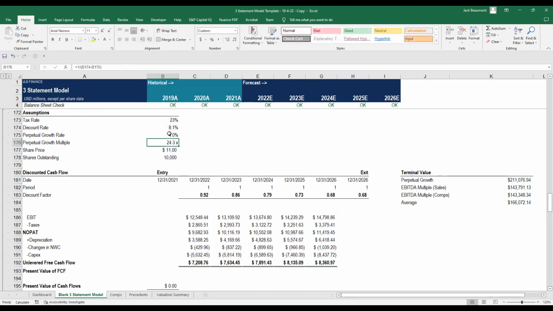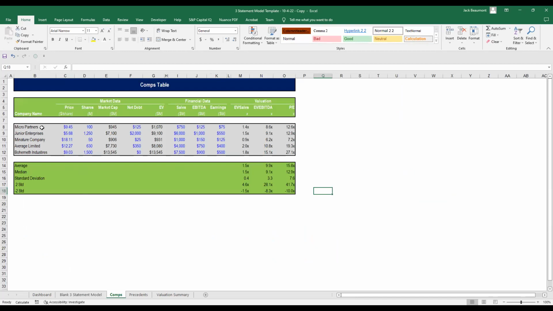And so you multiply that by this amount times 1 plus the growth, and that gives us our perpetual growth there. And I have our sales and our comps in different tabs here, which you'll see. So I've made these up as well.